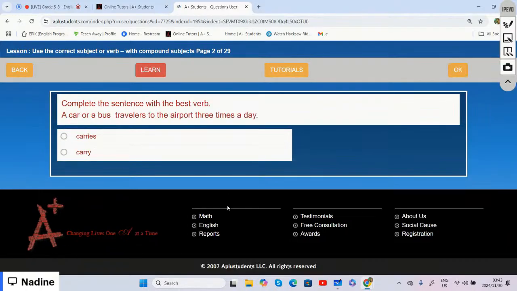Well done. The next one says a car or a bus. So a car or a bus, referring to one car, one bus. Do we say carries travelers to the airport 3 times a day? Or do we say carry travelers to the airport 3 times a day?